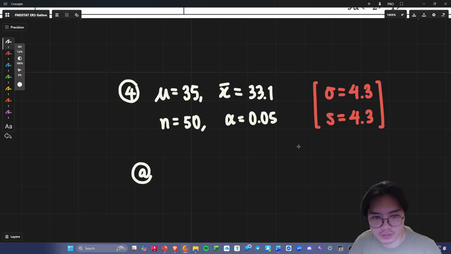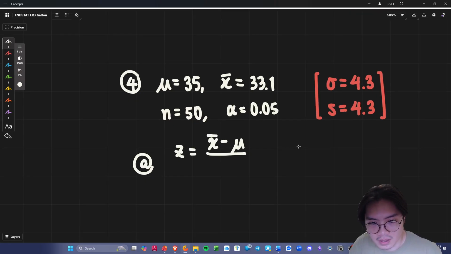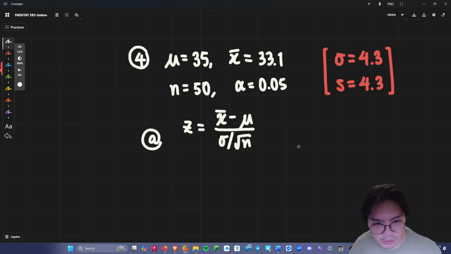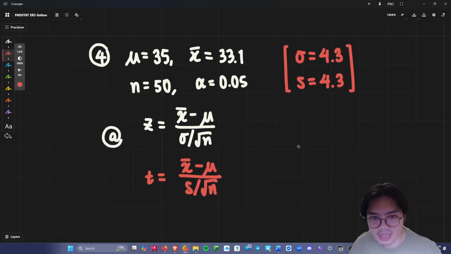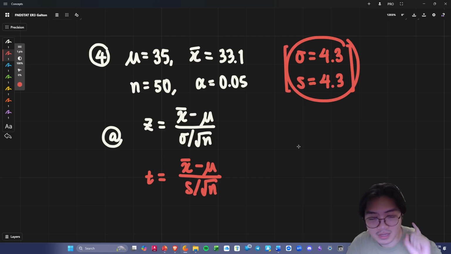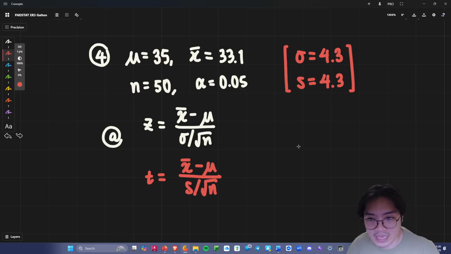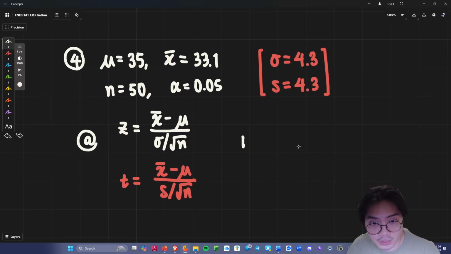We know, of course, that this is going to be a Z test because they specifically told us that this was a normal random variable. But I would also like to test out the possibility of this being a T test, in case it doesn't pan out. You can see here, the computation is the same because we're just pulling out the same values. What will be different, though, is of course the critical region, because we have to account for the uncertainty in there.